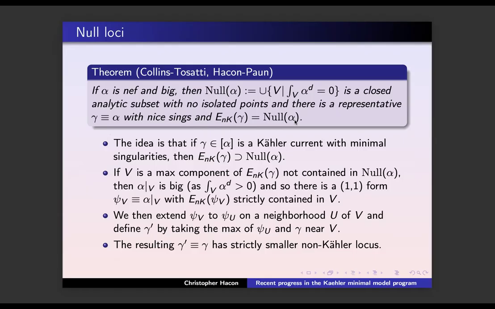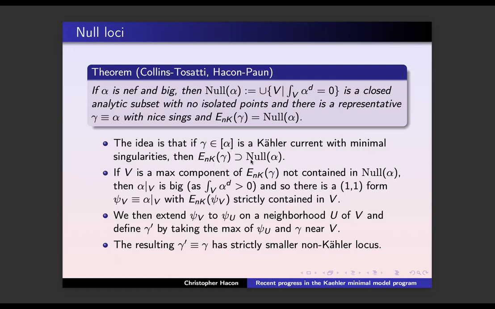If alpha was a divisor class, you could think of it as finding a divisor whose singularities are precisely concentrated along the null locus. The idea to prove this result is the following. You pick a Kähler current in the class of alpha with minimal singularities.